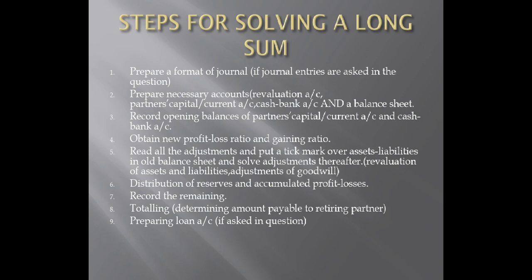This helps in solving a confusion. At the end of the sum, you will get an idea about the items which are yet to be recorded, or I can say which are left to be recorded. They are the items which do not have any adjustments.